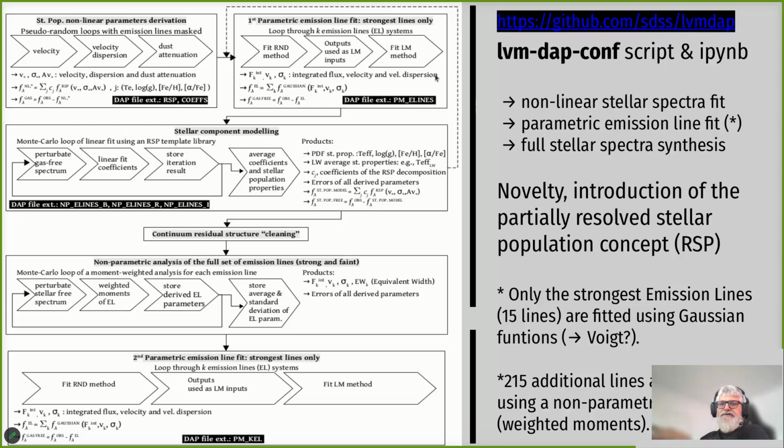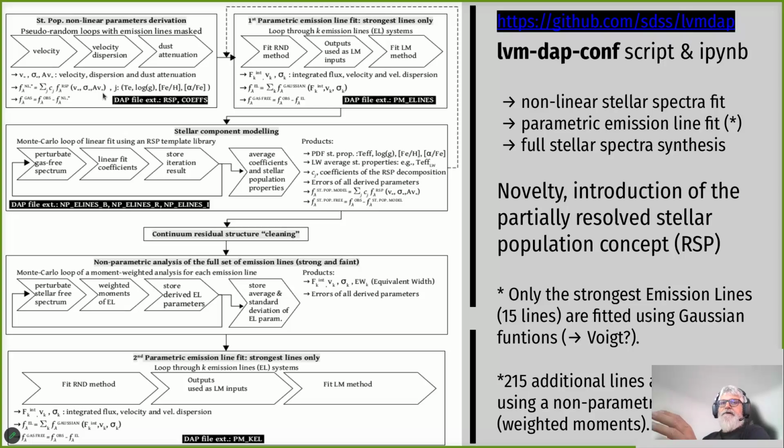Basically, first we make an analysis of what we name the nonlinear components, basically to recover the velocity dispersion and the dust attenuation. This is done by fitting the stellar continuum, masking the set of emission lines that, of course, are defined in the YAML file, with a subset of the RCPs.